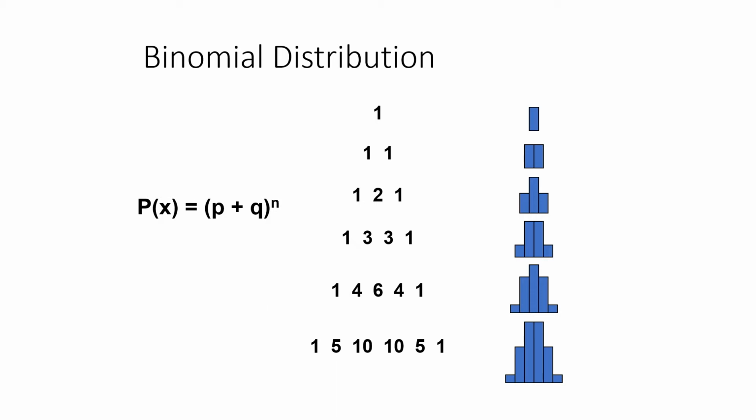The coefficients of a polynomial or binomial expansion describe the intensity of the peaks in the curve. So p plus q to the 5th power will produce a polynomial with coefficients of 1, 5, 10, 10, 5, 1. 6 peaks with intensity.